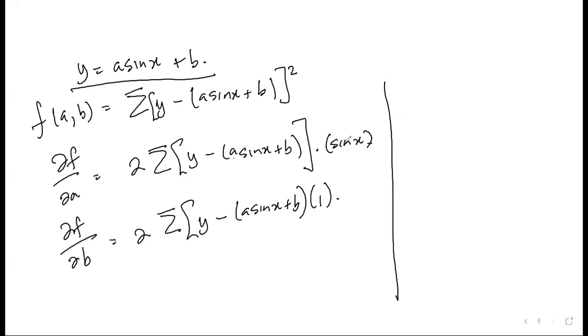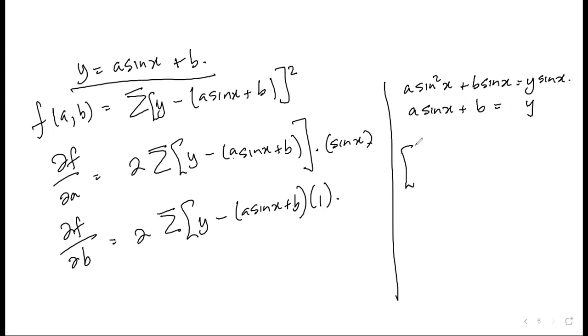So we're going to multiply everybody by sine x. We get A sine squared x plus b sine x is equal to y sine x, and A sine x plus b is equal to y.